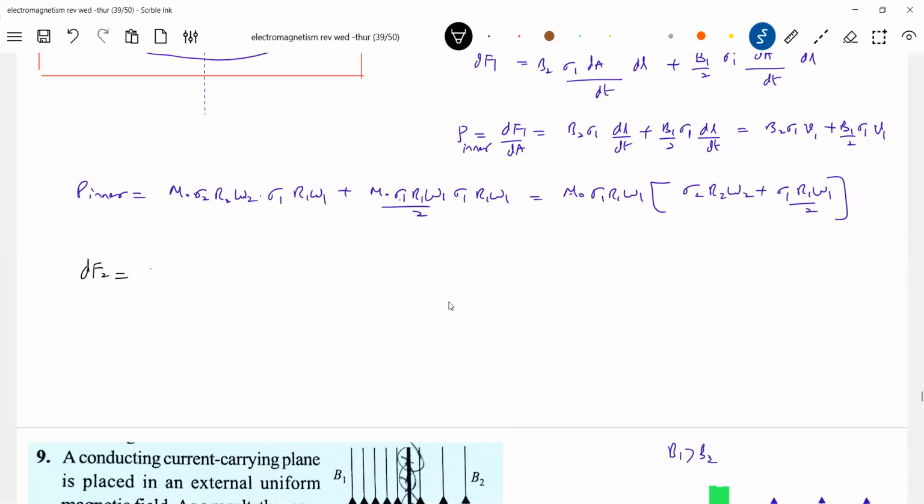dF2 should be equal to field produced by the other surface, B2 by 2, into di2 into dl. B2 is how much?